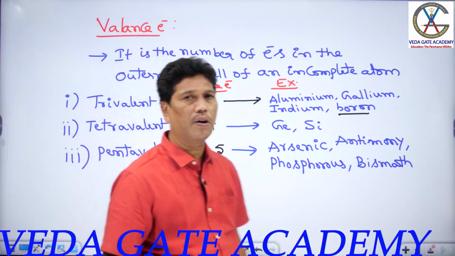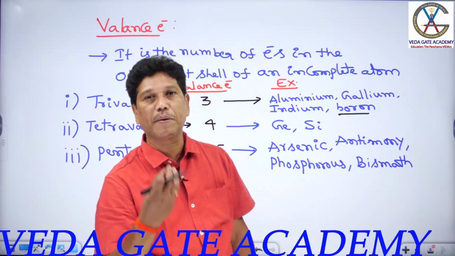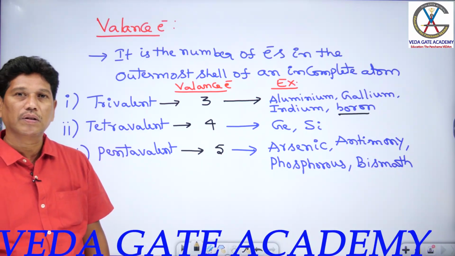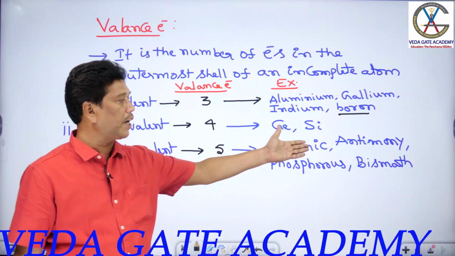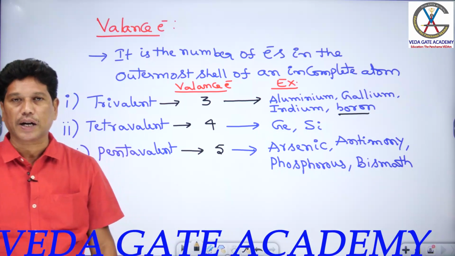You know that pentavalent will be used in what fabrication? N-type. An N-type semiconductor is obtained by adding a pentavalent impurity. You can add any pentavalent impurity, arsenic, antimony, any of that, and you may get an N-type semiconductor.